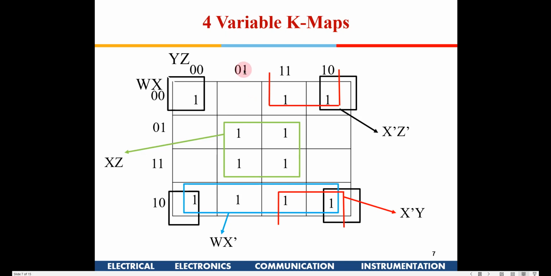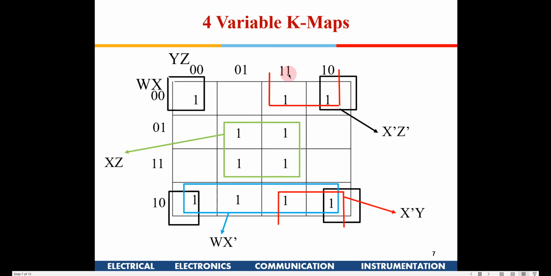If I make an entire big box with 8 ones, then you will find w and x are changing because you are cutting across all the rows. Column wise y is also changing. Then if I make an 8 box, it will be merely z.